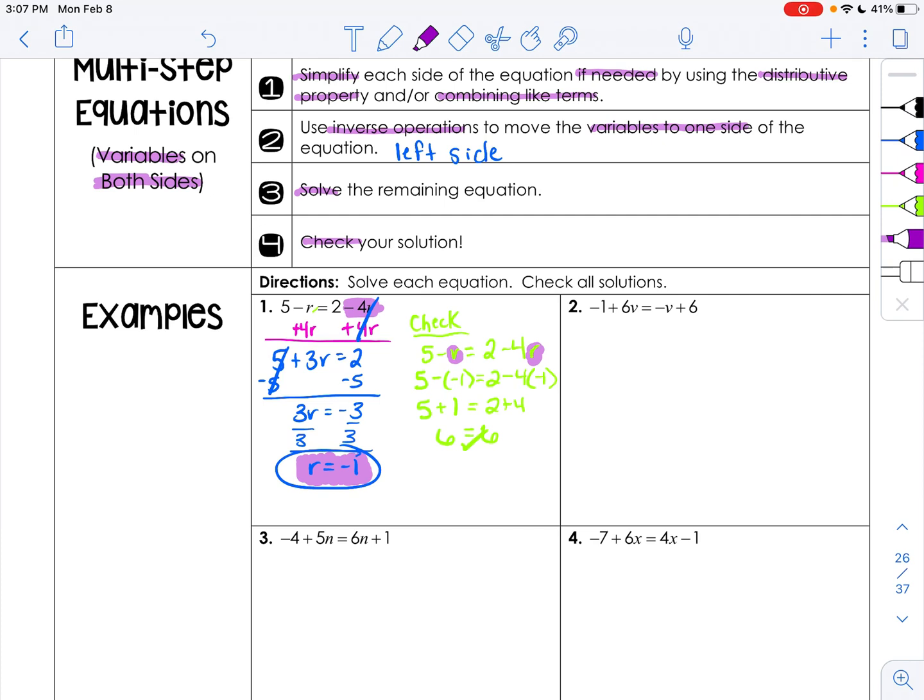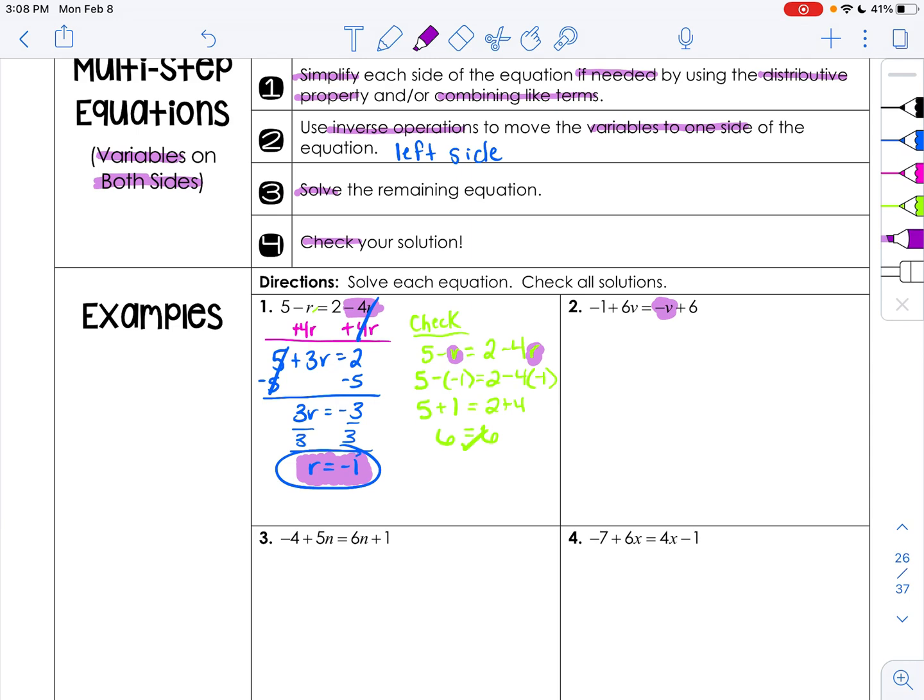Number 2. So first we check for the distributive property, so we're looking for parentheses, and I do not have it. Then I check my left side to see if I have like terms. I don't. Then I check my right side to see if I have like terms. I don't. So now I need to move my variable terms over to the left. So that means I'm going to have to move the negative v.